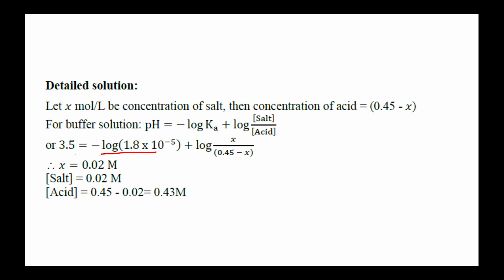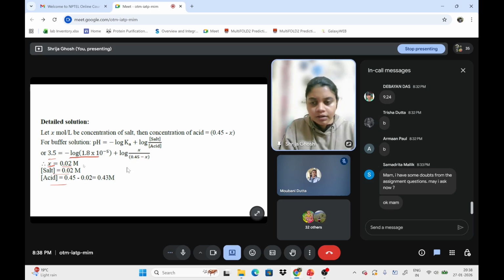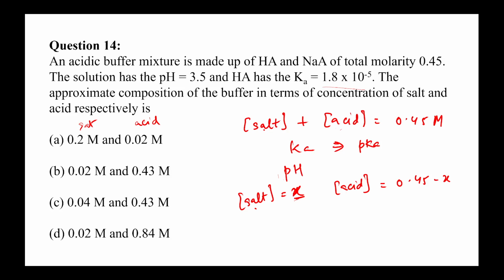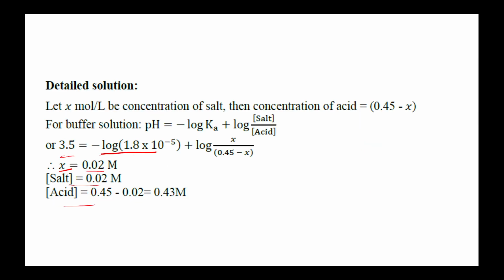Once you get this, you have to subtract pH from pKa and then take a power 10 of the whole thing. So you will get the ratio x divided by 0.45 minus x. From that you will get the value of x. So the value of x was basically the salt concentration, and the acid concentration would be 0.45 minus x. So the correct answer is option B.